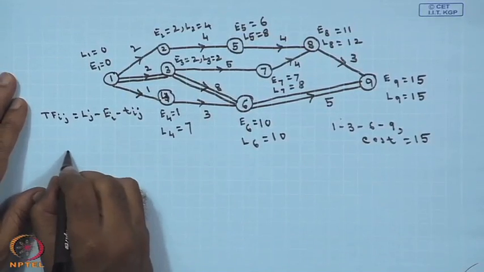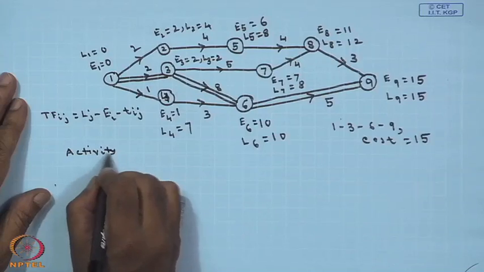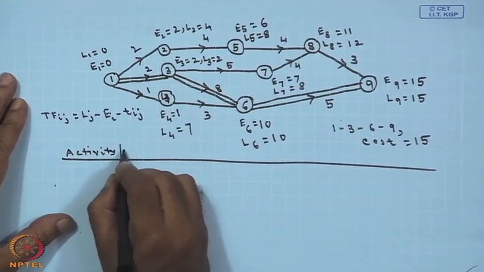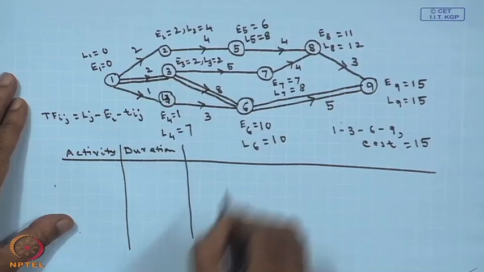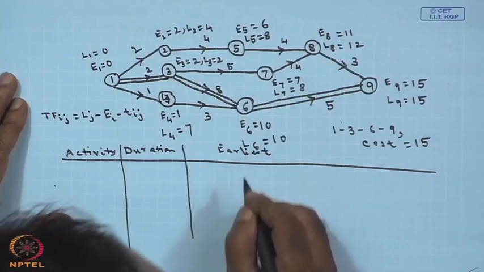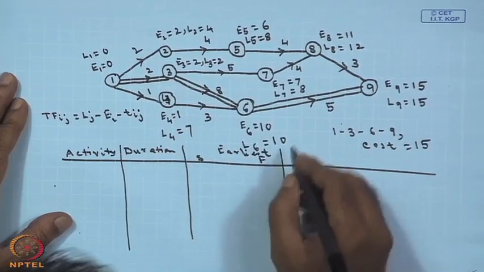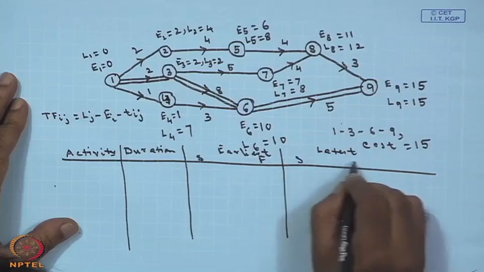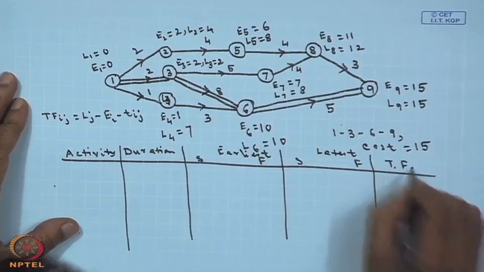So, now you see you have the activity, the duration, the earliest start time, the earliest finishing time, the latest start time, the latest finishing time, and the value of the total float.